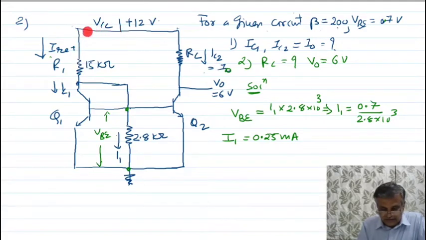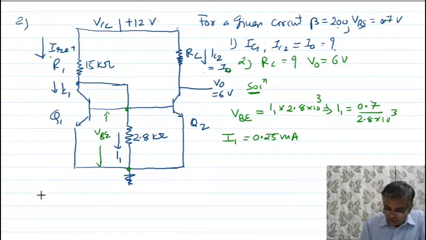Look here, in this circuit, 12 volt is equal to I reference into R1 plus VC. The 12 volt between these two is nothing but this voltage, I reference R1, plus VC.